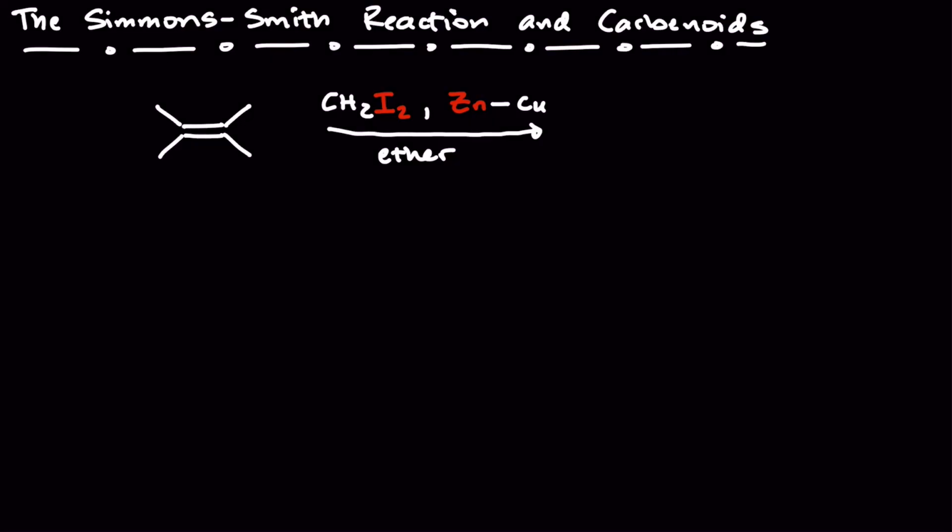The product of this reaction is going to look like this. So you've essentially formed a cyclopropane ring where the highlighted yellow spot on that ring comes from your diiodomethane. Once again, we've essentially inserted a CH2 group onto a double bond or across a pi bond.